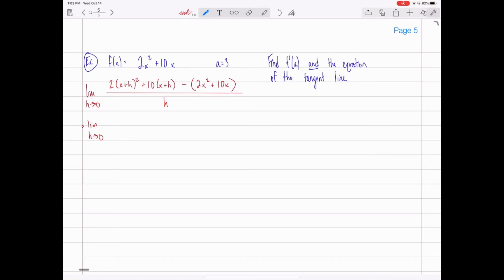Basically until you can plug 0 in. Okay, so this would be 2 times x squared plus 2xh plus h squared plus 10x plus 10h minus 2x squared minus 10x. All over h. Okay, distribute the 2.